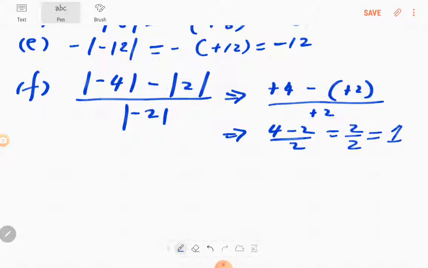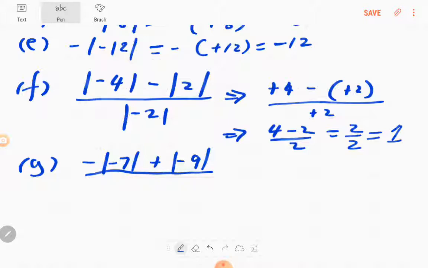Okay, and then another example here could be minus absolute value of minus 7 plus absolute value of negative 9 over absolute value of negative 3 plus negative 1. So that would just give me minus, remember that absolute value is dictated by what's on the outside, so there's a negative on the outside, so that should become negative.